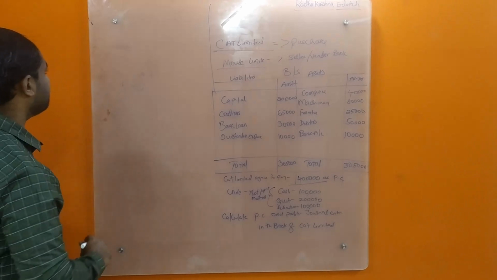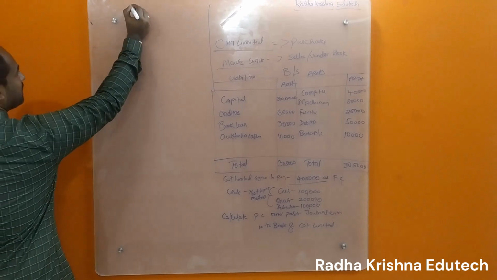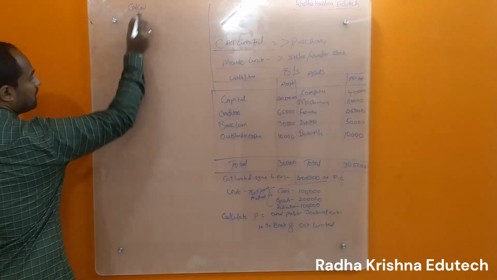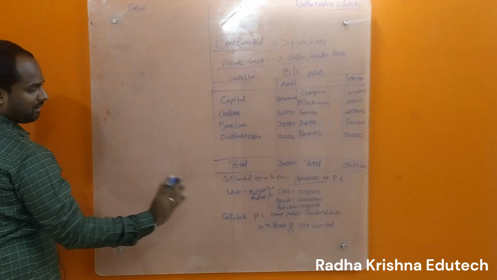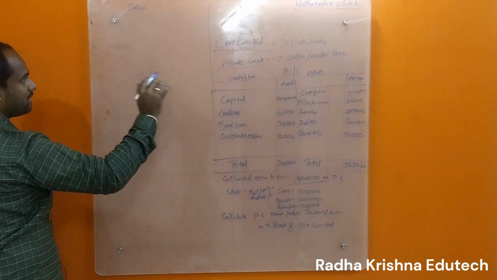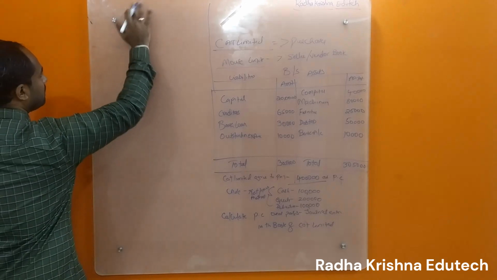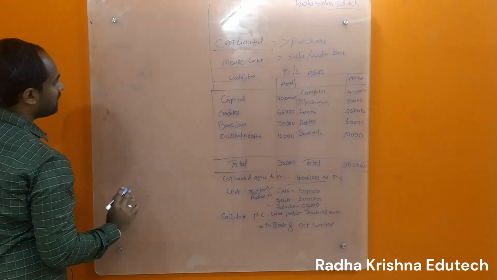journal entry. Okay. So I'll just put up a purchase calculation. So already they have given the PC, the calculation of purchase consideration. We need not do it because it is already mentioned in the sum itself. So now we will put up a journal entry.